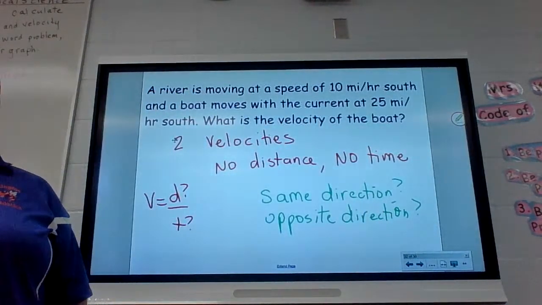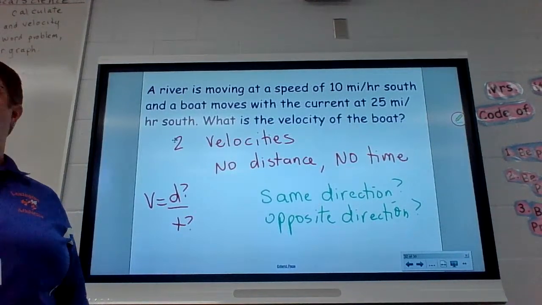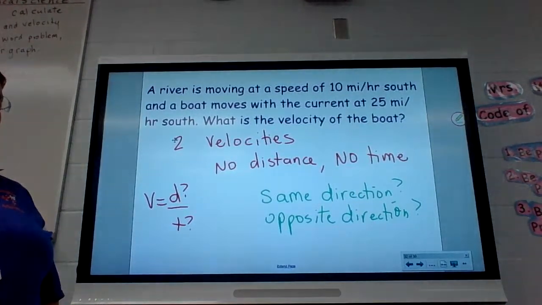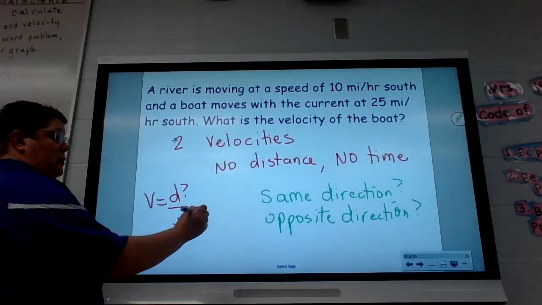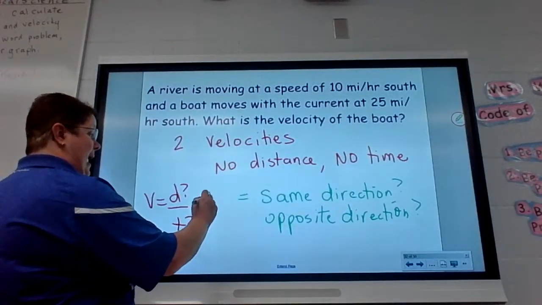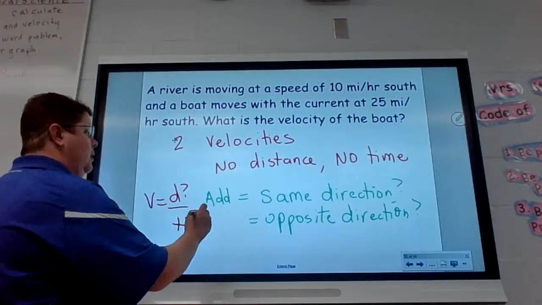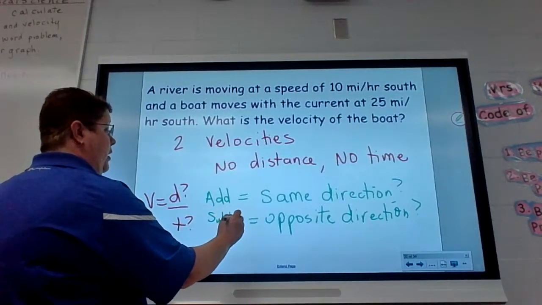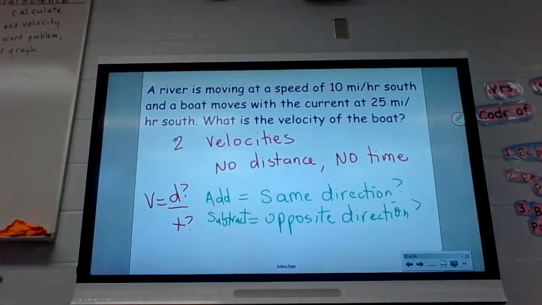So if they go in the same direction, what did we say we do yesterday? They add. And if they go in opposite directions, we do what? We subtract.